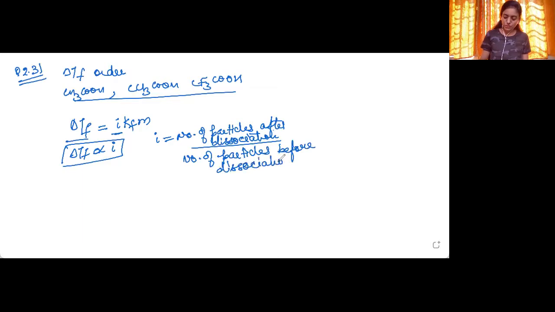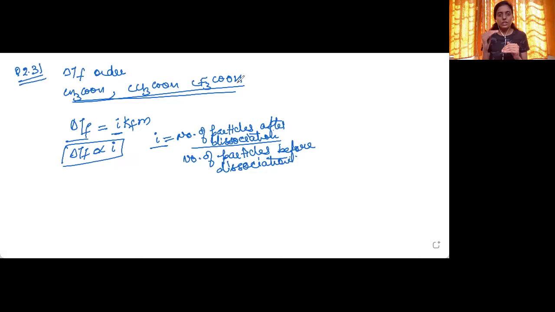Now, Van't Hoff factor depends upon the number of particles after dissociation, because the number of particles before dissociation will be the same in all the 3 cases. It will be 1. Okay, and the number of particles after dissociation will depend upon the degree of dissociation.